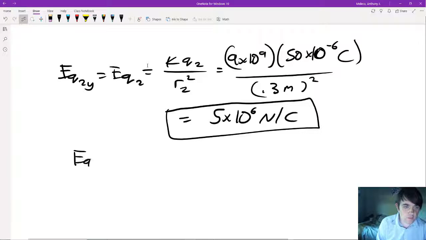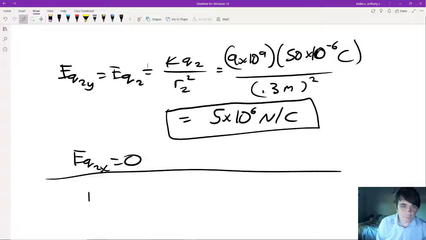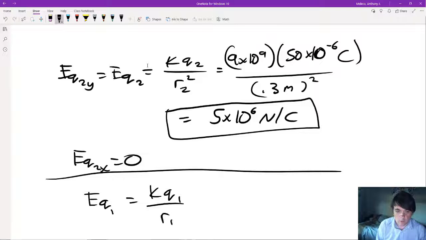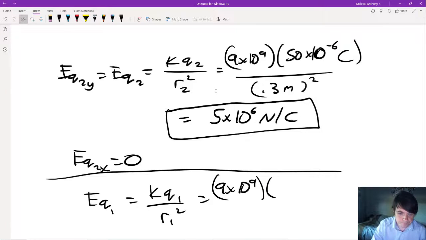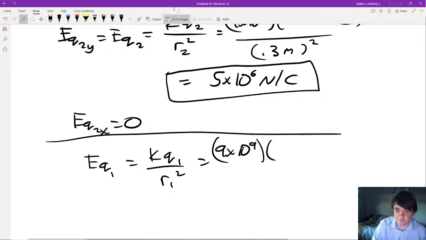Again, EQ2x is 0. We don't need to worry about that. Let's do EQ1x. Or actually, let's just calculate EQ1 first. So this will be K Q1 over R1 squared equals 9 times 10 to the 9 times Q1, minus 50. We're just going to do the magnitude.